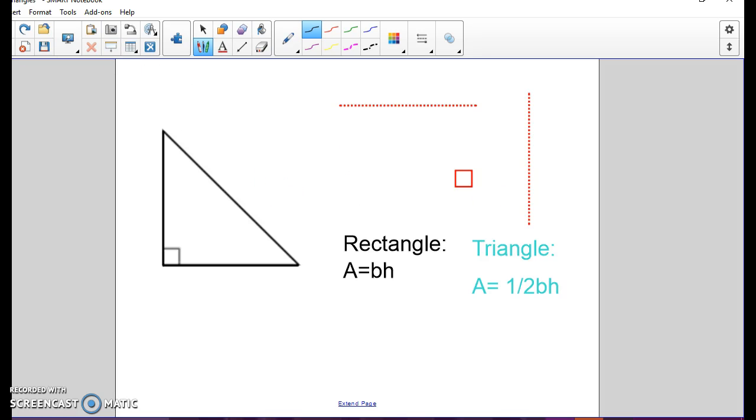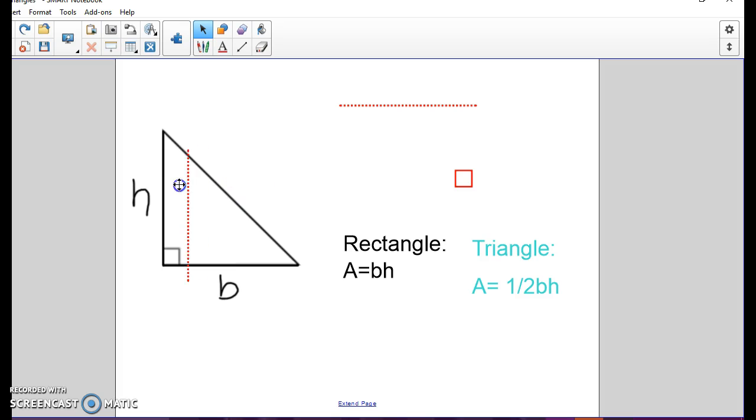So for having the height on the side, and then this is my base, let's draw this out. So this is my height. So what we're going to do is we're going to copy this triangle and we're going to put it on the other side. So just like that, and our little right triangle in there. So we just took this triangle and we flipped it and copied it up here, and that now made a rectangle, or a square in this case, but a rectangle.